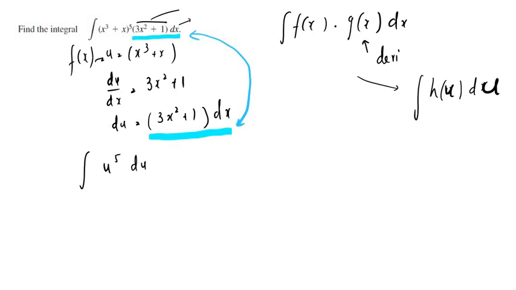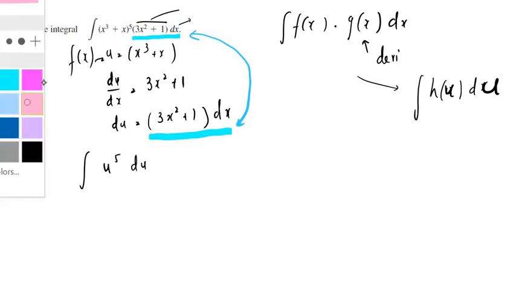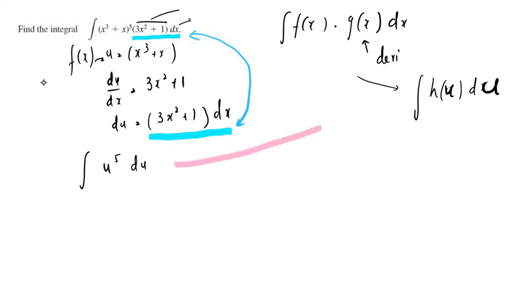So now we have come to just one function. That's what we have to do, just one function. And we know how to integrate this. Integration of this is you add 1 to the power, so it's u to the power 6 over 6 plus c.